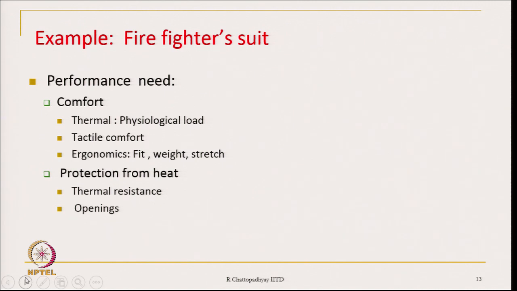Therefore, openings also are important, because if openings are there, the heat will easily pass to the human body. So, we can write some more like that. These are typical examples that we have taken.